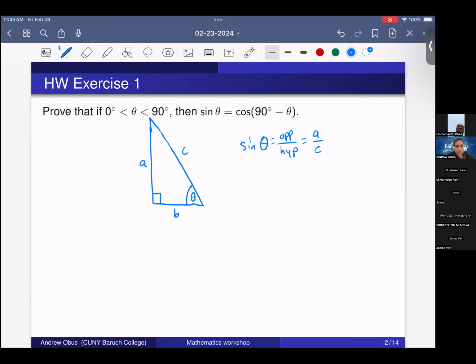Now the question is, where does 90 minus theta show up here? What angle in this triangle is 90 minus theta?